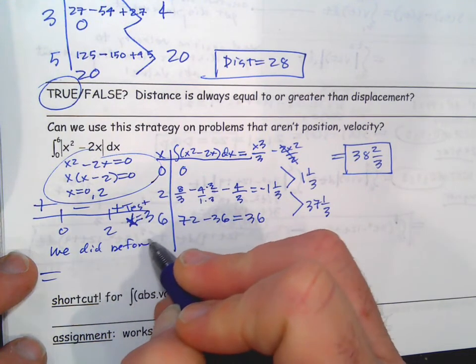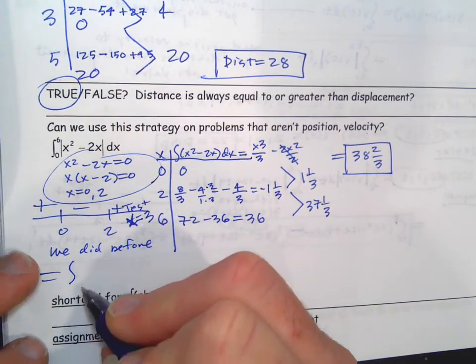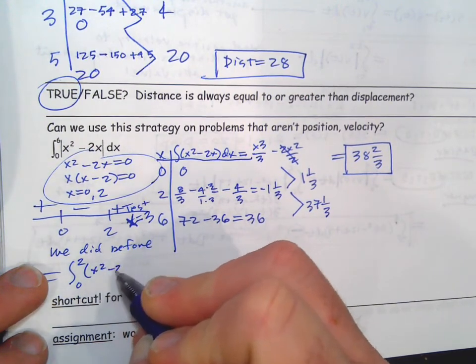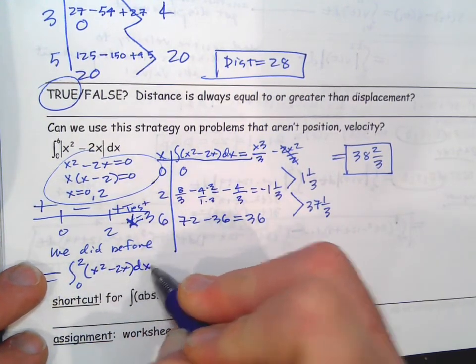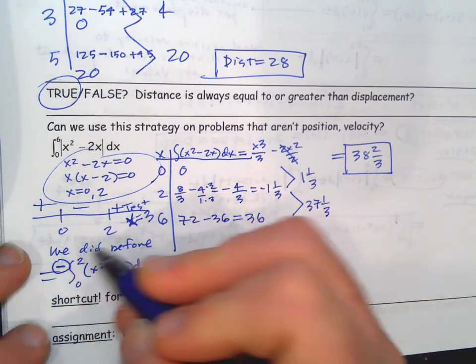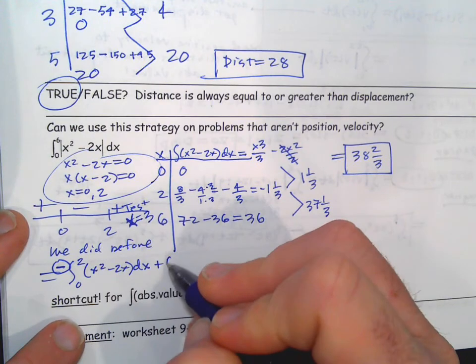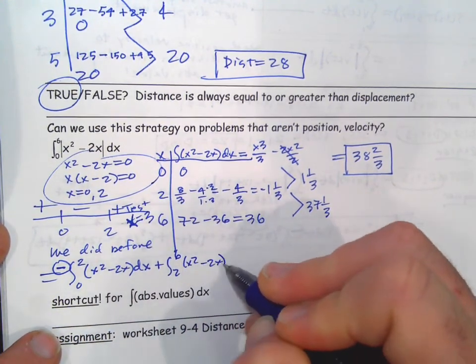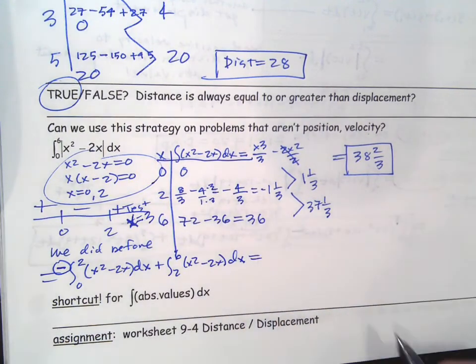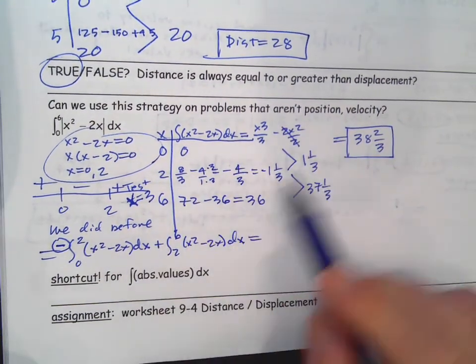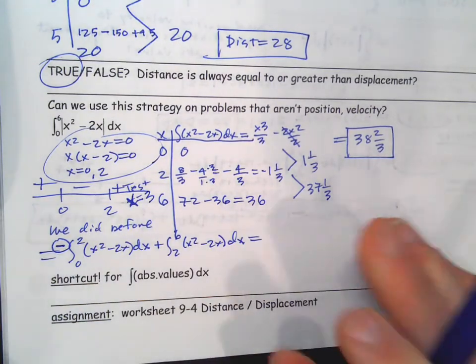I'm not even going to do all of it. I'm just going to set it up. So we said, okay, we've got to do 0 to 2, x squared minus 2x dx. And it's negative, so we had to fix it by adding a negative. And then we did 2 to 6 of x squared minus 2x dx, right? And then we started integrating these and plugged all these in, which is all the work we've done here, but it's just much more compact.